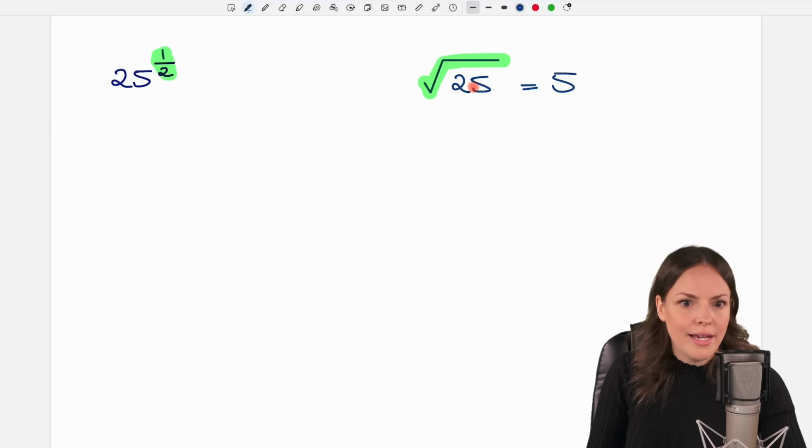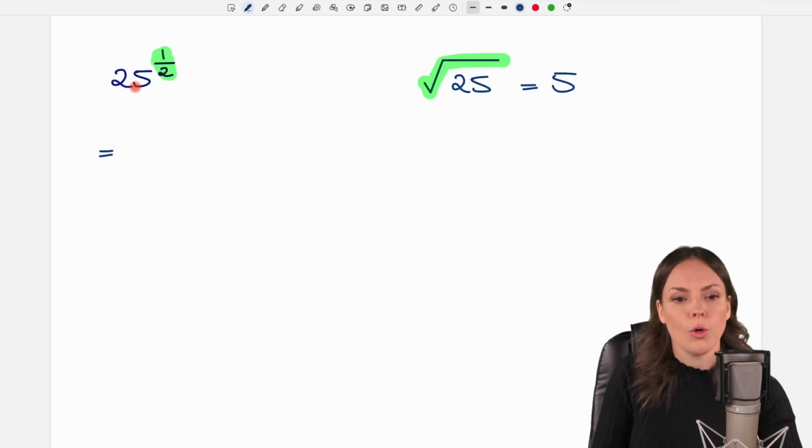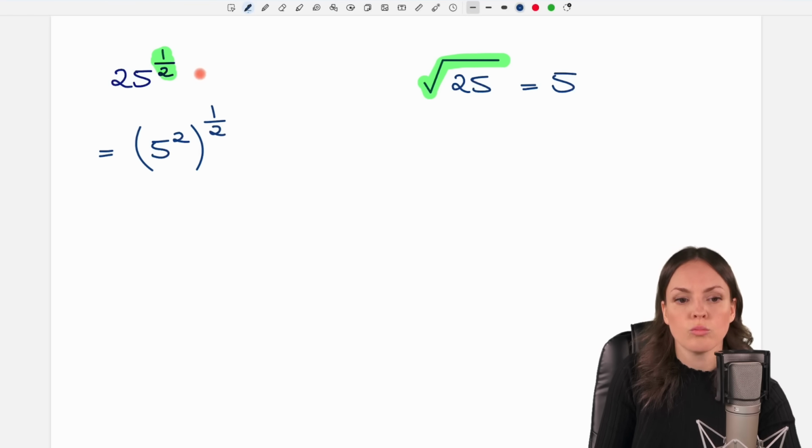But if you don't know that, then you can also write the 25 as a power. So the 25 is equal to 5 squared. And then we also have to raise all of this to the power of 1 over 2. So just write the 25 as 5 squared. And then there is a rule that if we want to get rid of these parentheses, we have to just multiply the exponents.